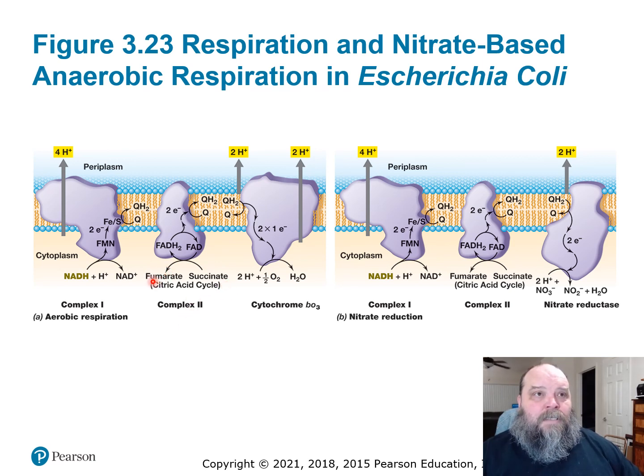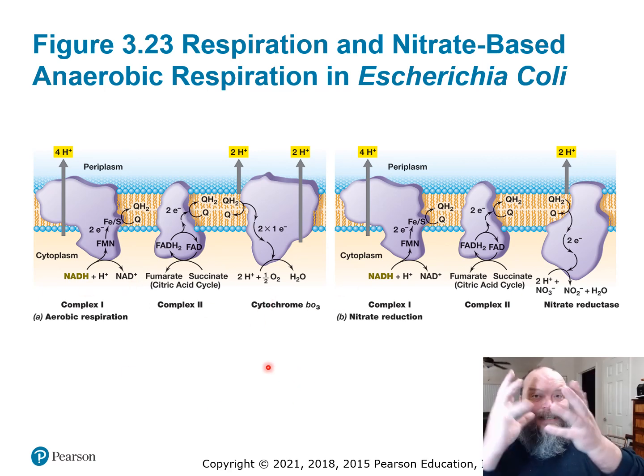That's one of the intermediate steps of the citric acid cycle. So instead of having a shuttle take them from one part of the mitochondria to another, this is occurring in the same place. So FAD takes it from here right to there. Not saying that succinate immediately interacts with this complex, because it still has to have FAD there. But all of this is occurring in the same place.